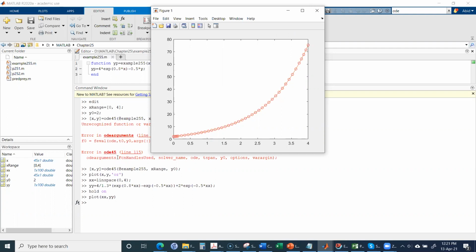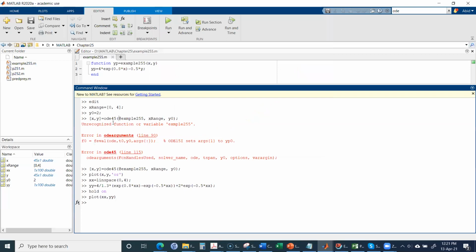Yes, ODE45 will not show these details. It will produce the results for the range which we need to provide. Okay, so it will produce the results between these two ranges.